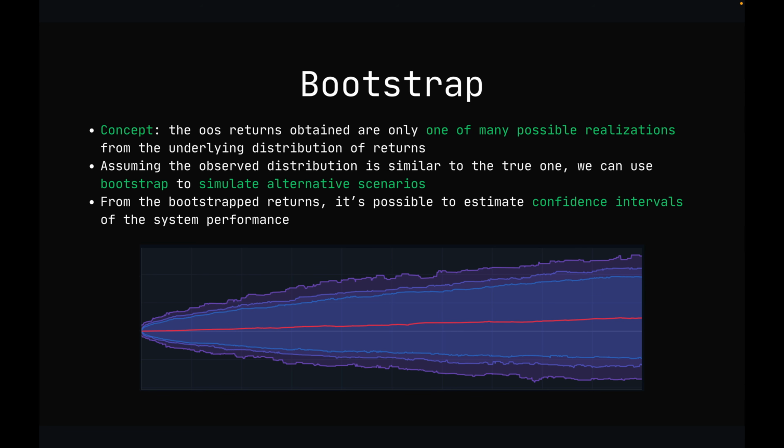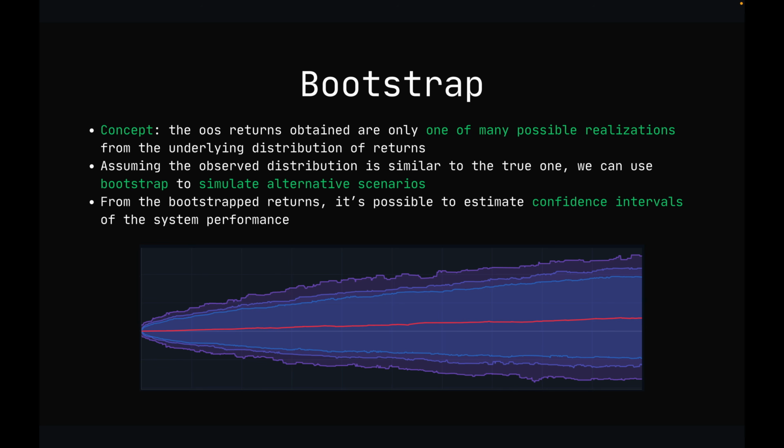So we're just picking random samples from that and doing that multiple times to simulate alternative scenarios.